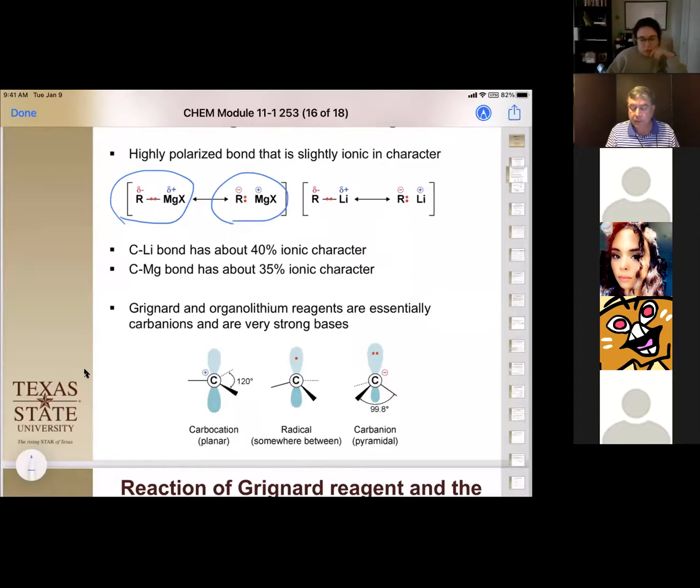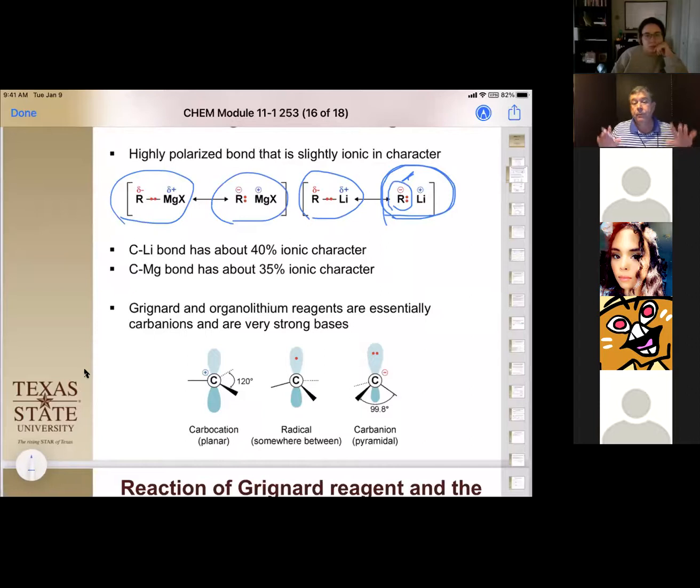Lithium is a little less electronegative than magnesium, and therefore it has slightly higher ionic character. It spends more of its time than magnesium as that close contact ion pair. And so that makes it nice to have, you know, 40% of your time, you're going to have this nice nucleophile to do a reaction.